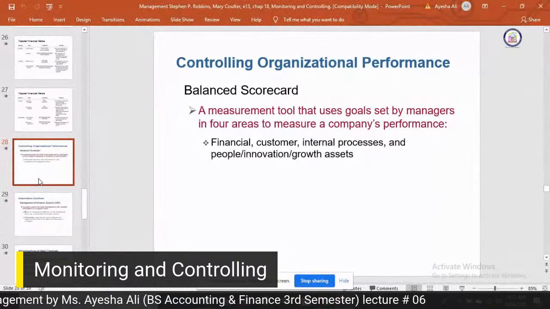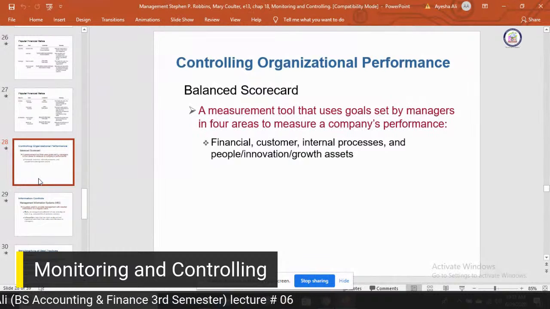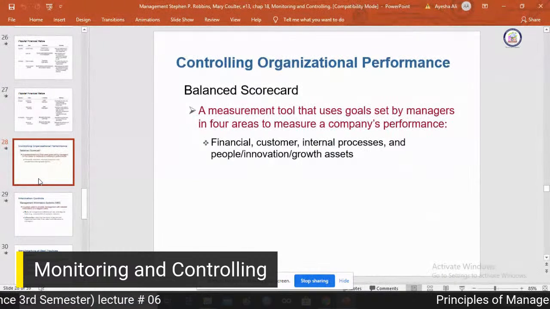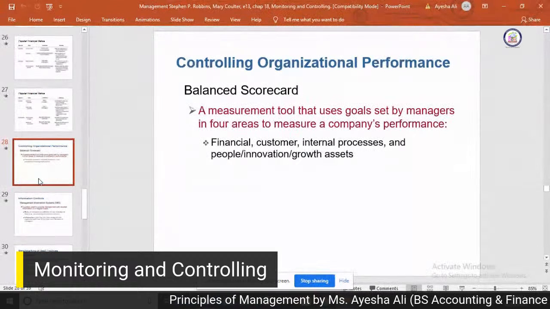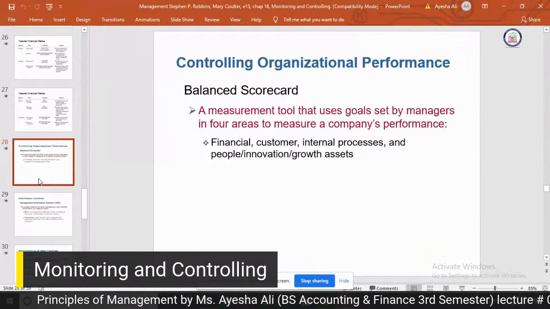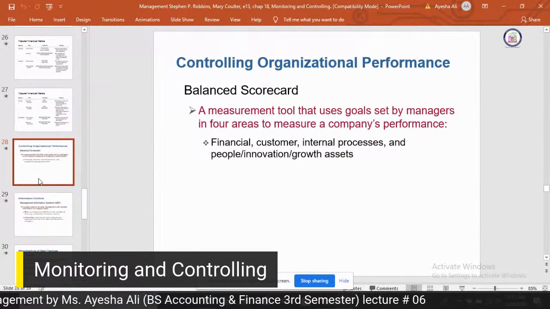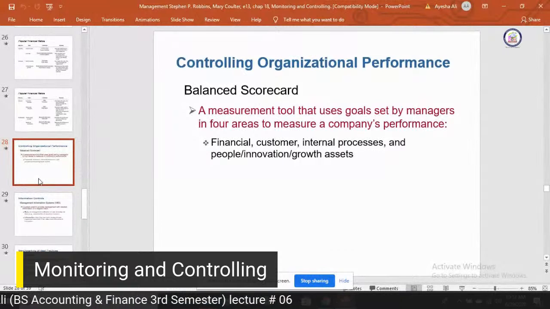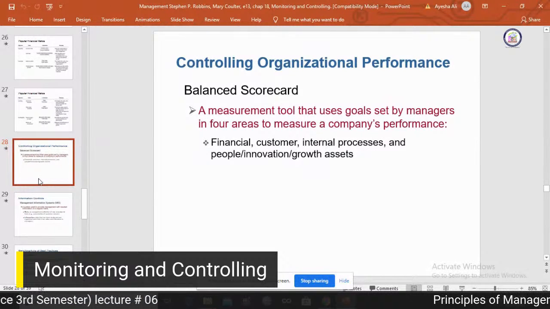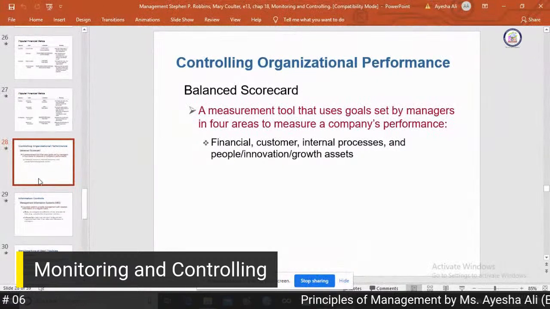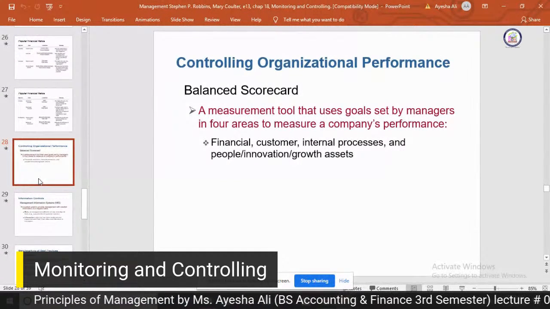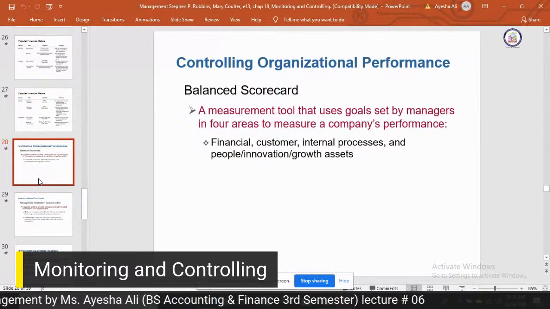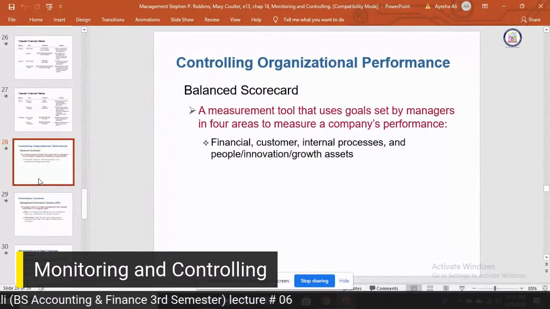So what does the balanced scorecard do? It is the measurement tool for all four components, and we use this tool to measure the performance of the company: whether the company is doing well or not, whether the company is making money or in loss, whether the company is growing or declining.